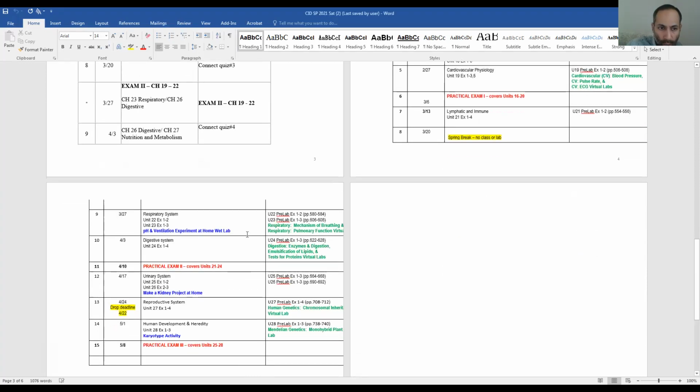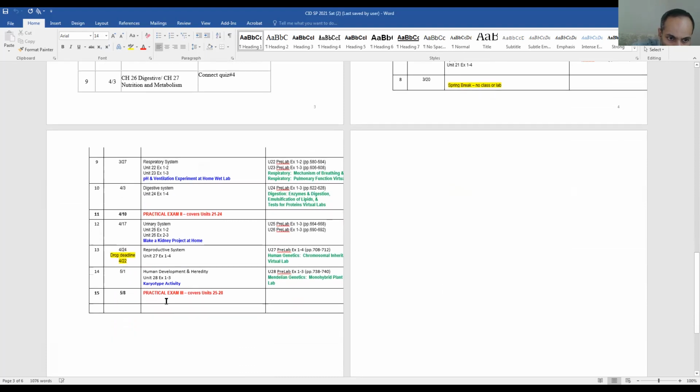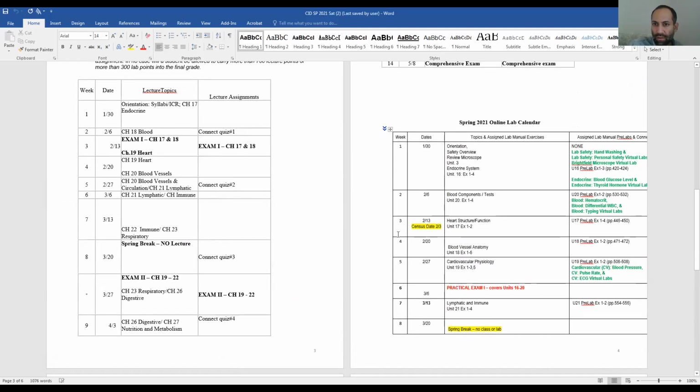So practical exam 1, then exam 2 on April the 10th, and then the final exam 3 on May the 8th, the last day, okay? There is no comprehensive exam on your labs, just these 3 individual lab exams, okay? So here's your schedule. Okay, so that is it pretty much.